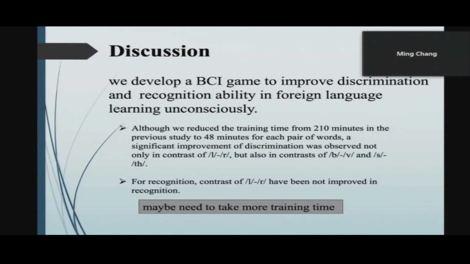However, for recognition, the contrast of B, V was significantly improved, and the contrast of S, TH was just markedly improved. The contrast of L, R was not improved in recognition. We think it may take more training time to improve recognition, because the training time for each pair of words was much less than in our previous studies, and our future work will focus on implementing it.